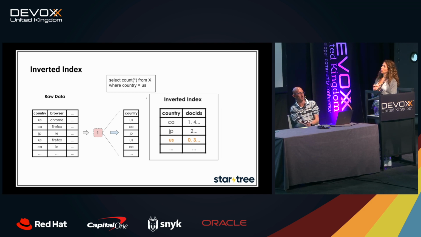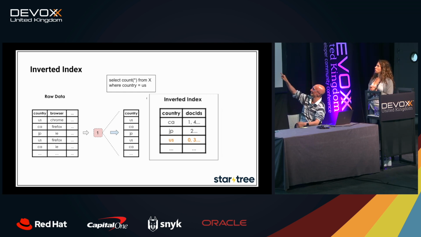Just to show you what it means, this is not particularly unique, but so you can see how it works. With the scan, we're normally going, I've got a document, tell me what the value is. With the inverted index, we're saying, I want to find a particular thing, tell me who's got that value. So I want to find all the rows, all the documents that have the country Canada, and here they are.